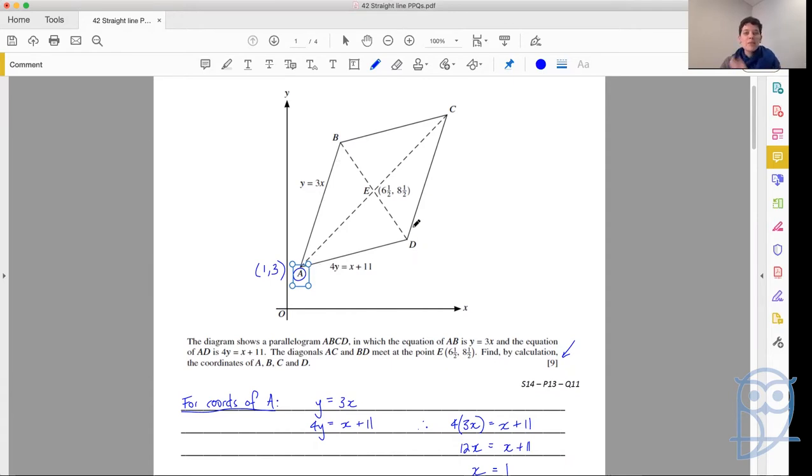But for C, we have a beautiful little pattern here. Never forget the value of your vector step.